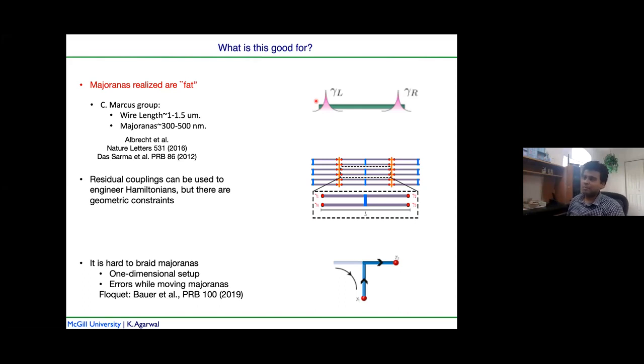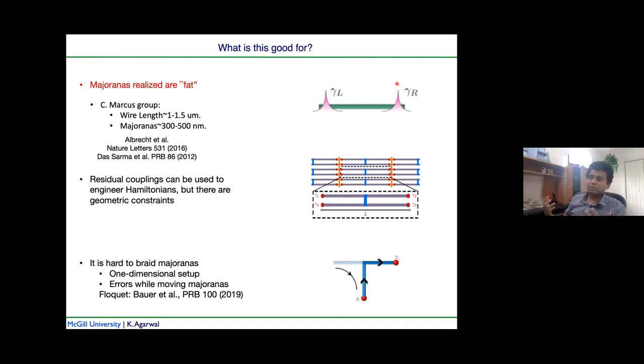And to some extent, people have started using these residual couplings to imagine many of these wires in some pattern on a 2-dimensional plane, realizing all kinds of effective Hamiltonians. And there as well, you can imagine that the main constraint on the kinds of Hamiltonians that you can realize comes from the geometry, because the distance between these Majoranas effectively sets the kind of hybridization terms you can have.